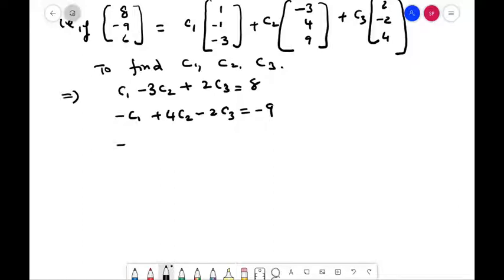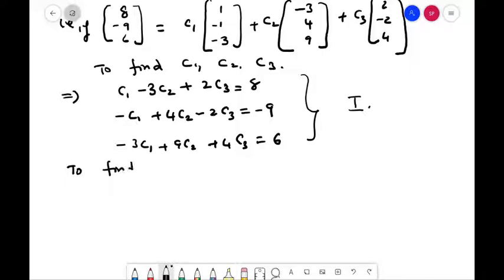And then minus 3C1 plus 9C2 plus 4C3 is equal to 6. So you got here a system of equations. To find C1, C2, C3, we will solve system 1. And we know how to solve the system of equations.